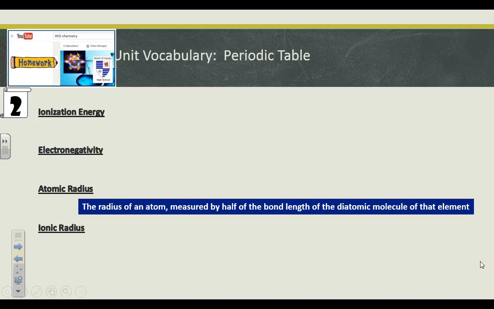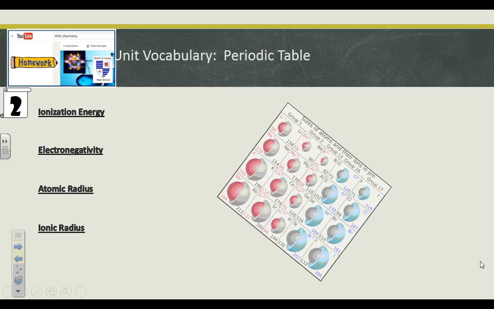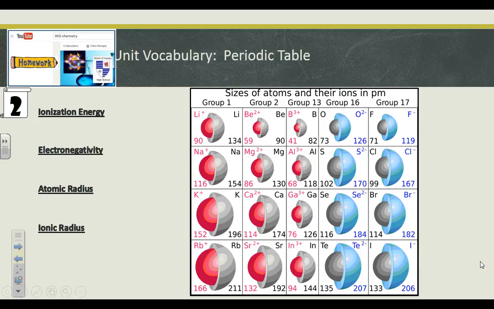Okay. Ionic radius. This picture has a ton of information in it. If we look at the left-hand side with the red, notice they're all plus ions, and the right side is all minus ions. And the red is the actual ion on the left, and the blue is the actual ion on the right.